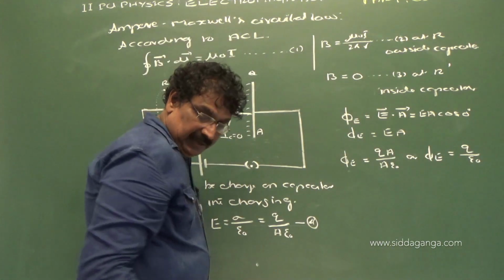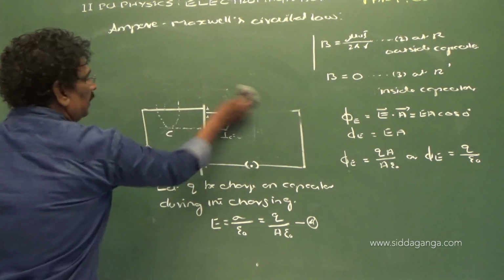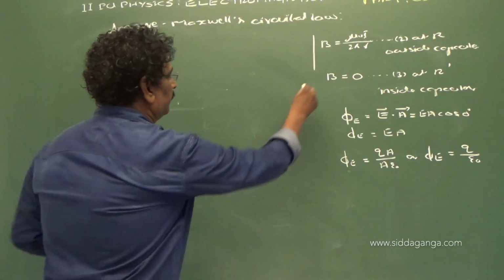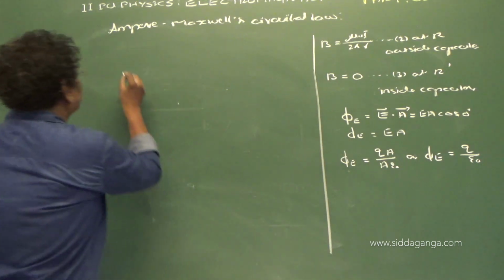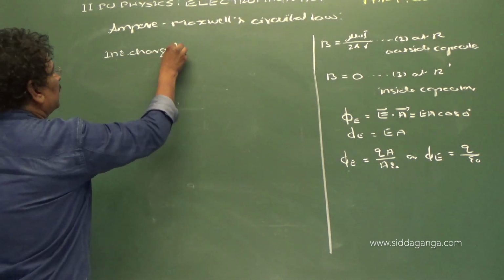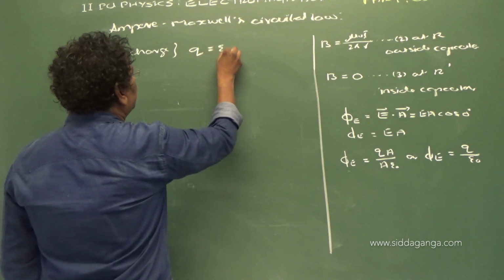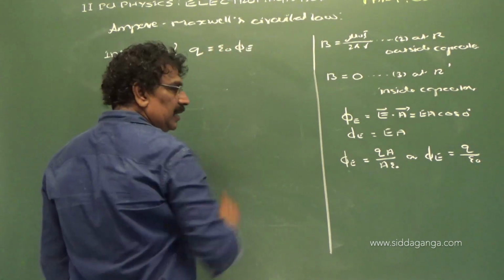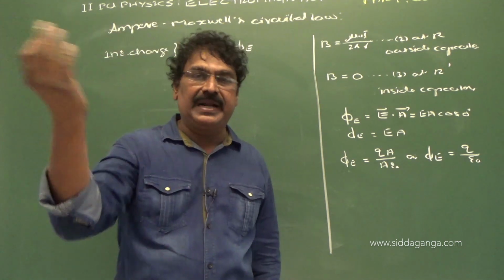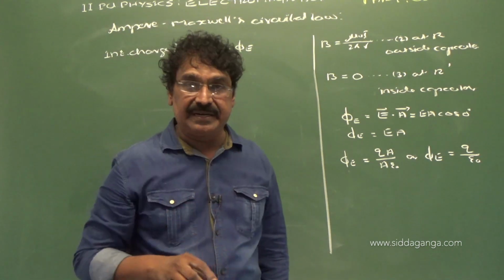Now, the instantaneous charge on the plates of the capacitor Q is equal to epsilon naught phi E. We know that during the charging of the capacitor, the charge on the plates increases. During the discharging of the capacitor, the charge on the plate decreases.